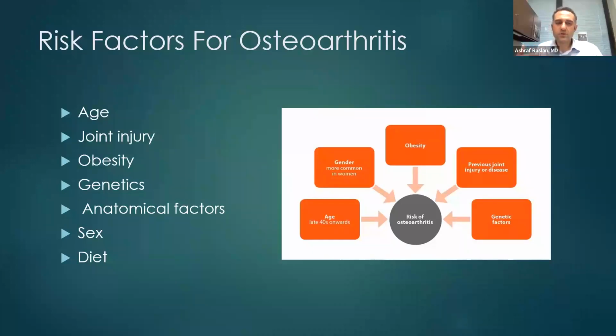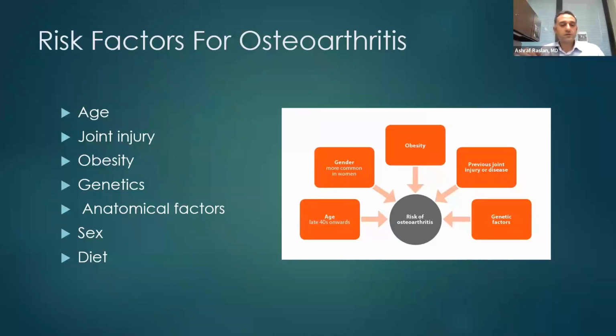And this can lead to more joint injury and wear and tear over time. Sex plays a role as well. We see osteoarthritis more commonly in women after the age of 50. We think it could be due to hormonal changes because of the loss of the protective effect of estrogen on the cartilage.